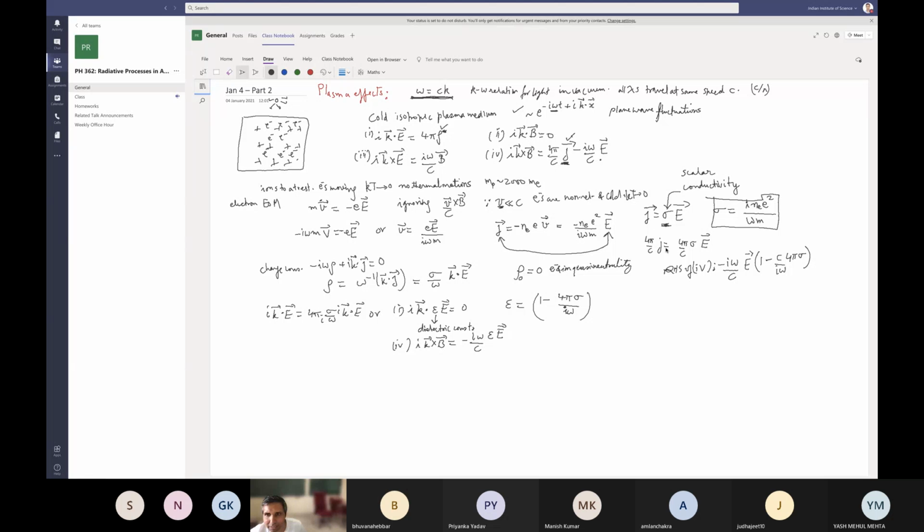So 4 pi by c J, 4 pi by c sigma E. So the right hand side becomes minus i omega by c E times 1 minus 4 pi by c.